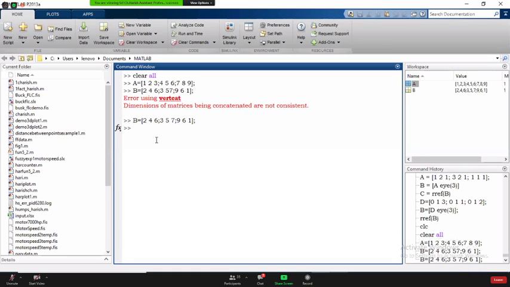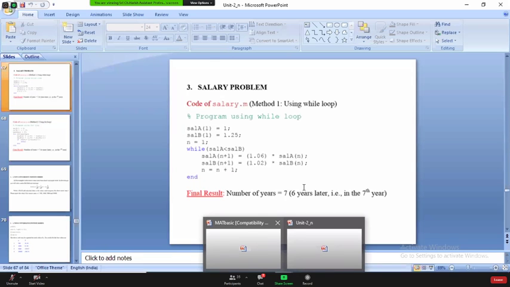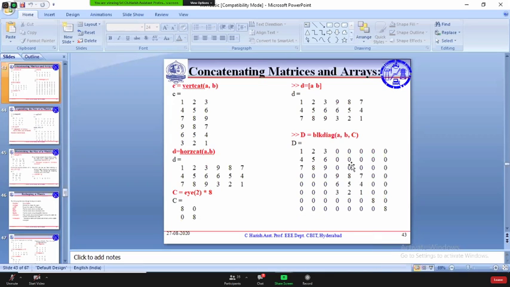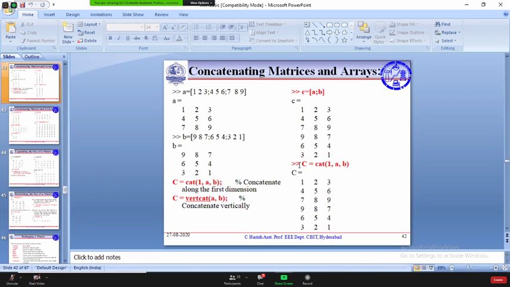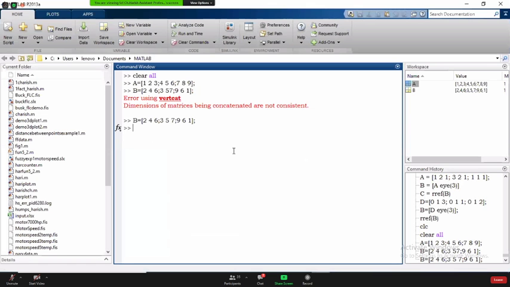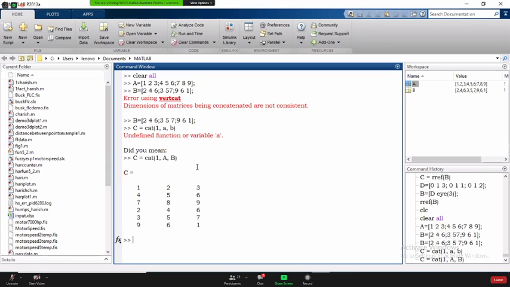Now, this is A matrix and B matrix. Okay, what is the command here? What I am saying, this is concatenating. Okay, see. If you are doing this, yeah, small letters, right?